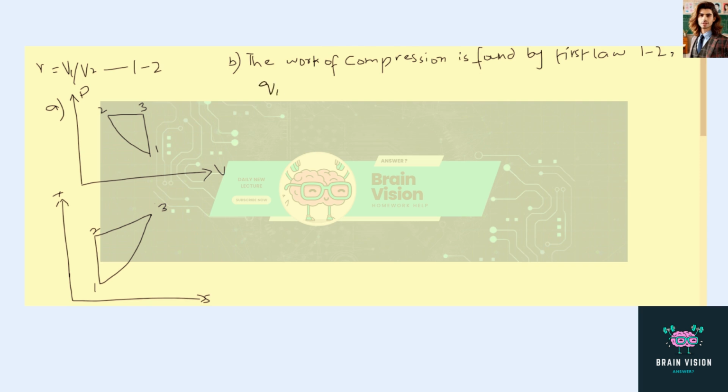So Q1 to 2 minus work done from 1 to 2 is equal to delta U 1 to 2. And Q is equal to 0 in an isentropic process.